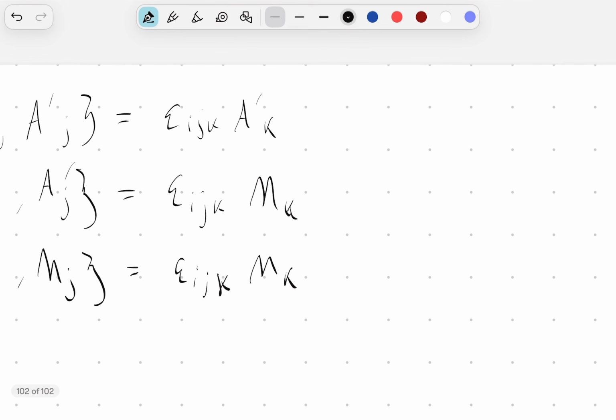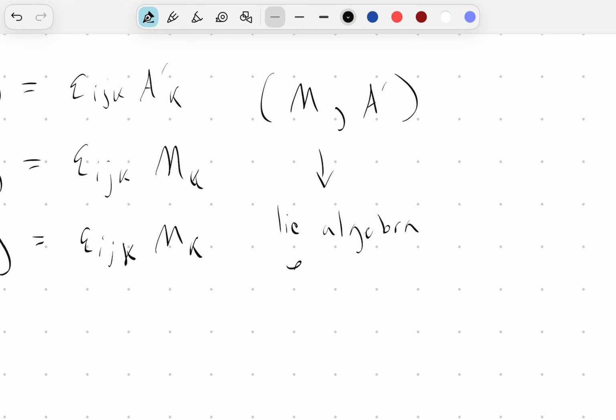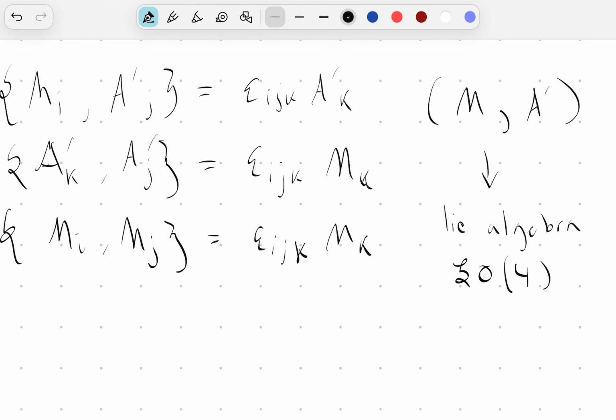Okay. So the six quantities from M and A prime satisfy the Lie algebra SO4.